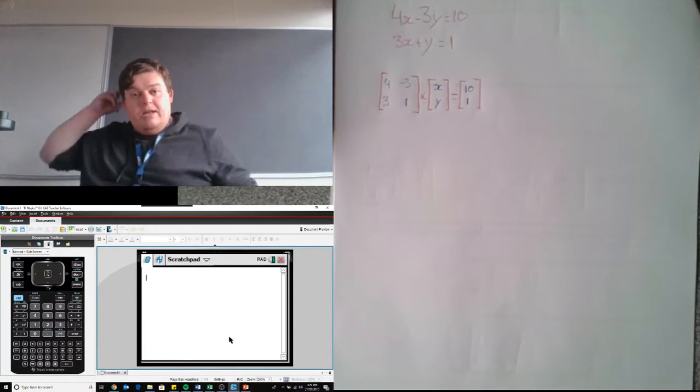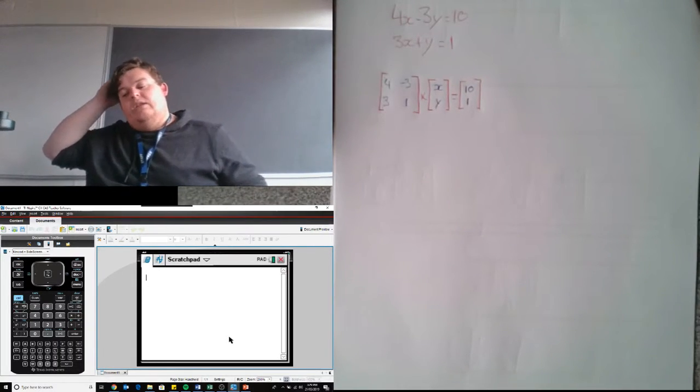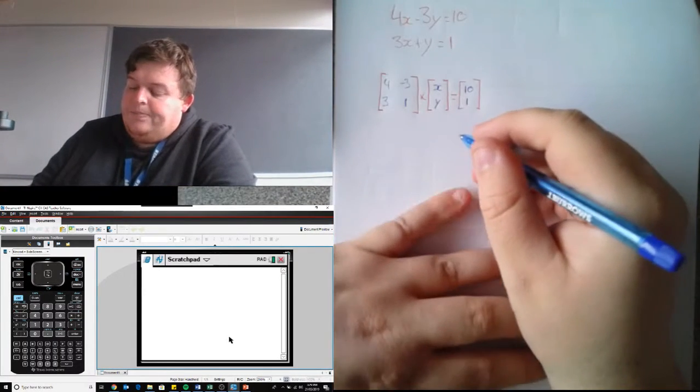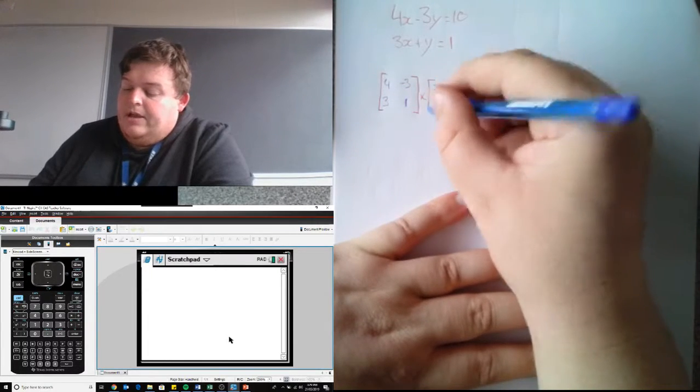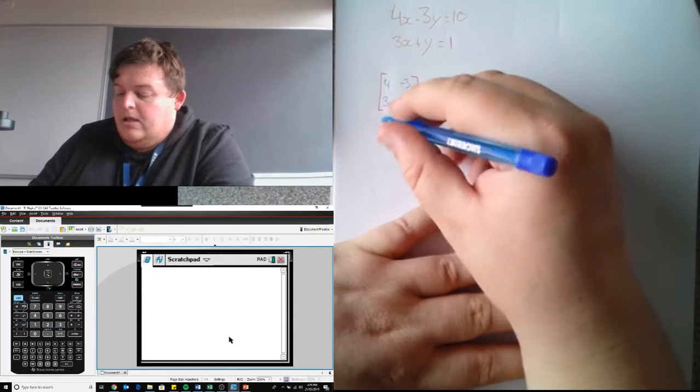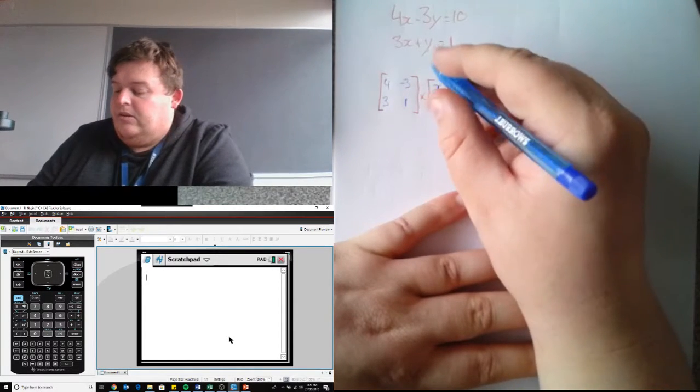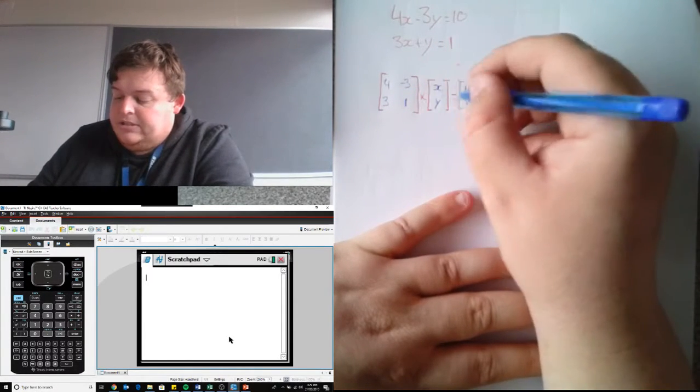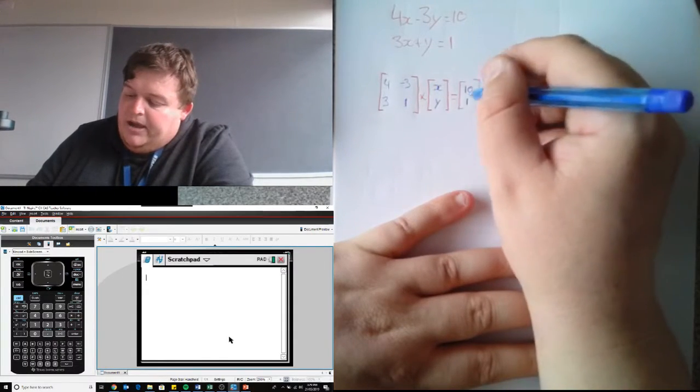I talked about in the inverse video and in the inverse class that if you have an unknown matrix multiplied by a matrix that you do know, you can't just divide. So instead, you find the inverse and multiply the inverse by the answers.